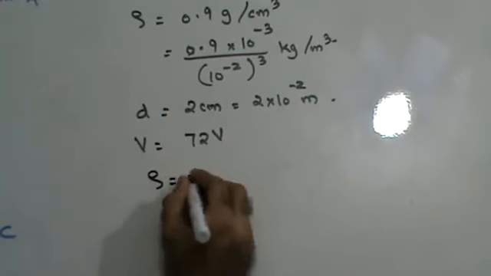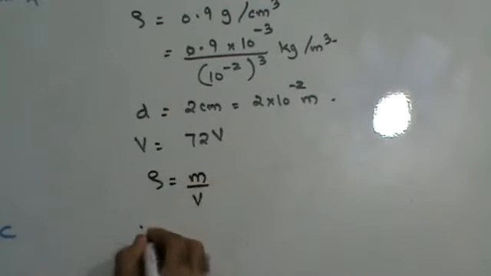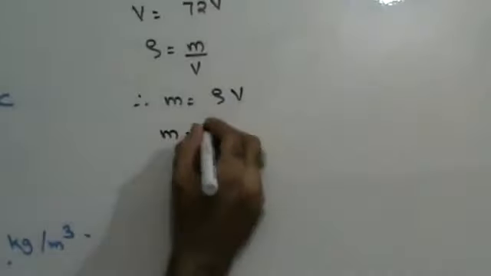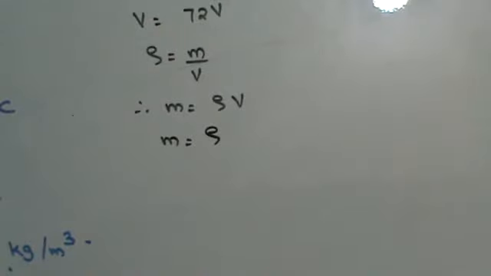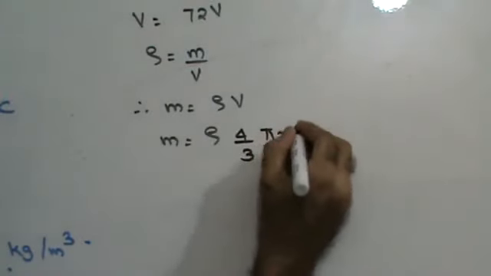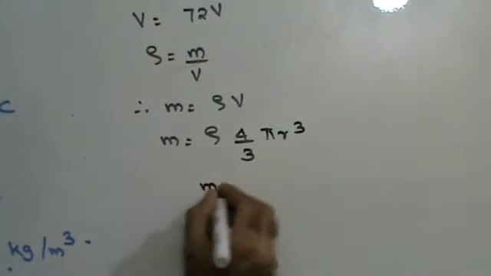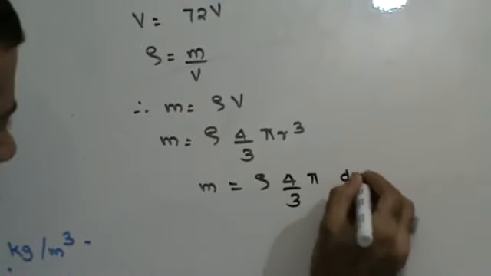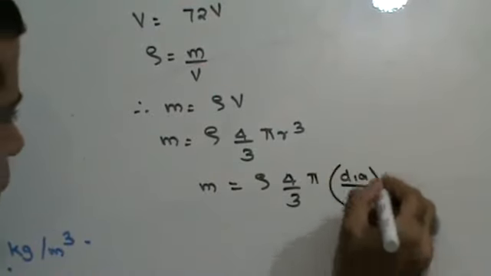Now I can say density is equal to mass upon volume. Therefore mass is equal to density into volume. The droplet is in the form of a sphere. Volume of the sphere is 4 by 3 pi r cube. Radius is nothing but diameter upon 2, the whole cube.